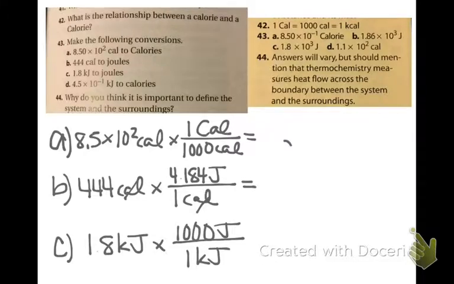And then the last one, the setup for D, we're going from kilojoules to joules to calories. So we want to go kilojoules to calories. Oh boy, I'm not going to have enough room here, so I'm going to have to do this in steps. Okay, the first thing we want to do is the 4.5 times 10 to the negative 1 kilojoules, and we're going to convert that to joules.